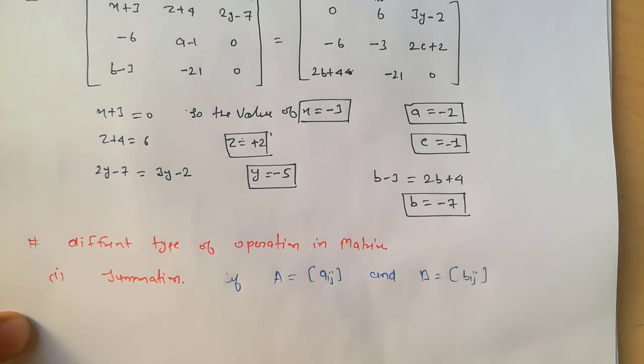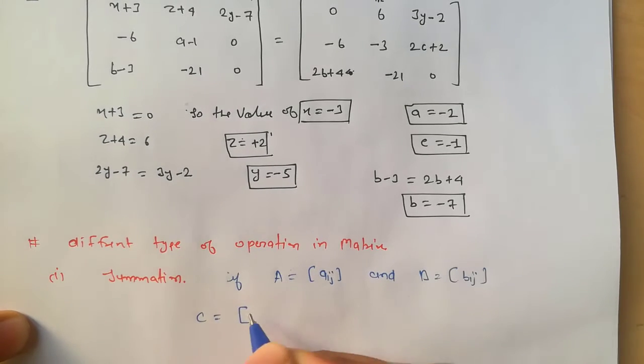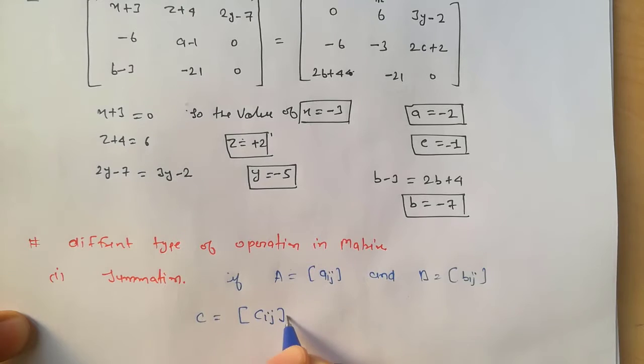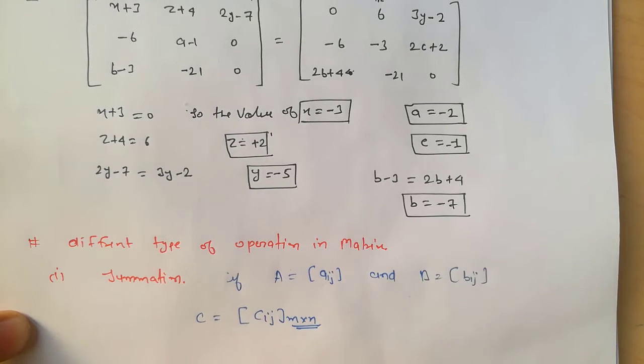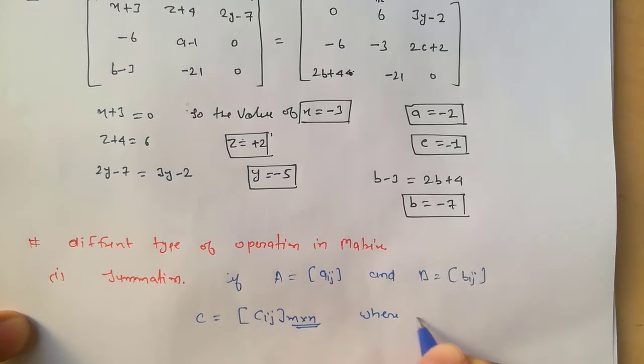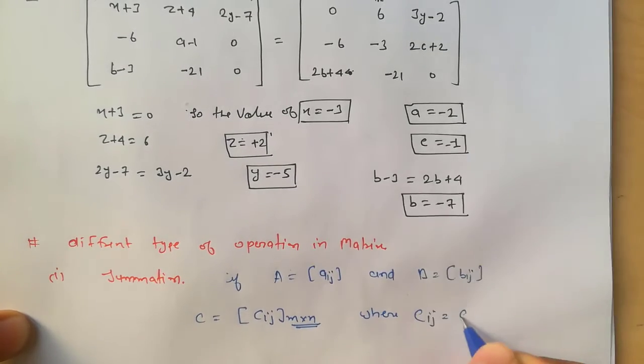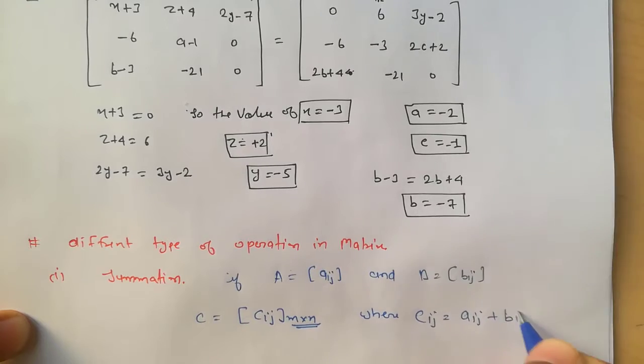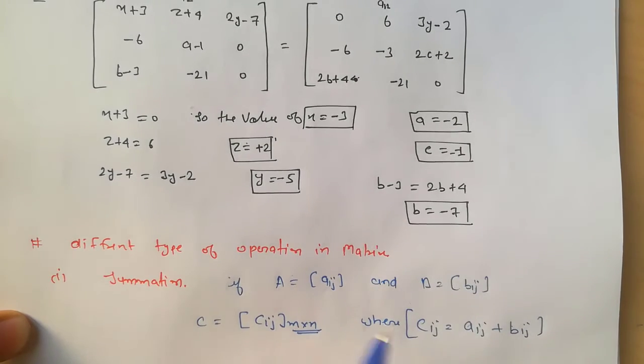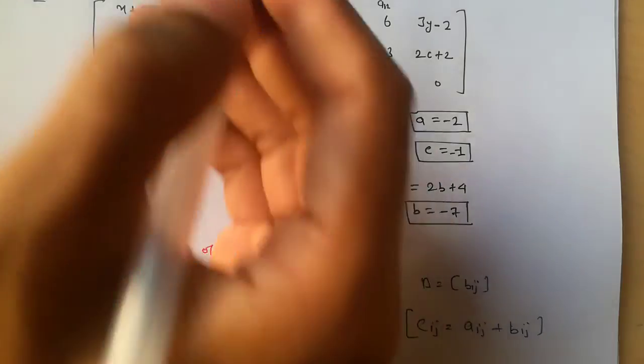The sum of the two matrices A and B is defined as the matrix C equals Cij, m cross n, of the same order, where Cij equals Aij plus Bij. It means each element of matrix A is added to the corresponding element of matrix B.